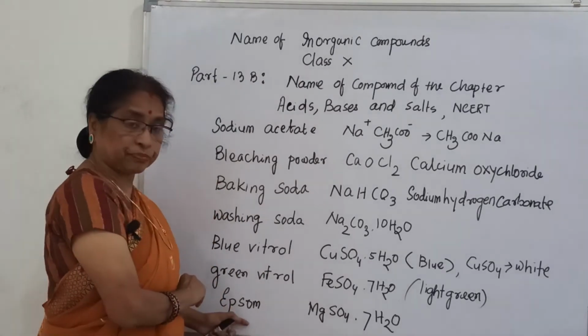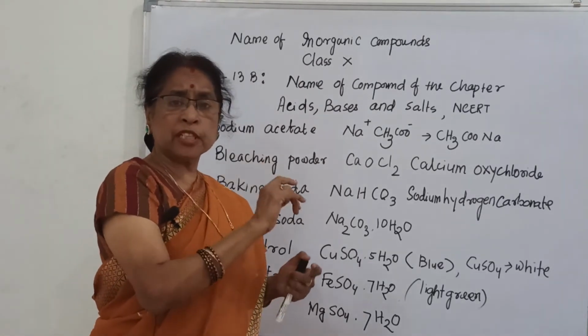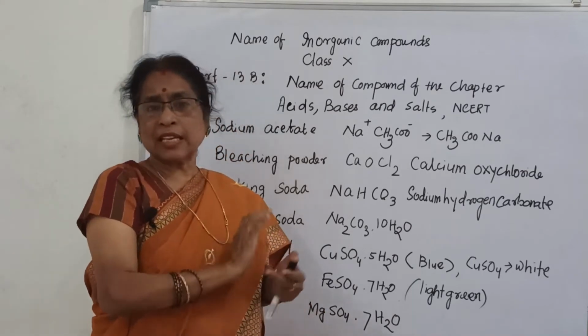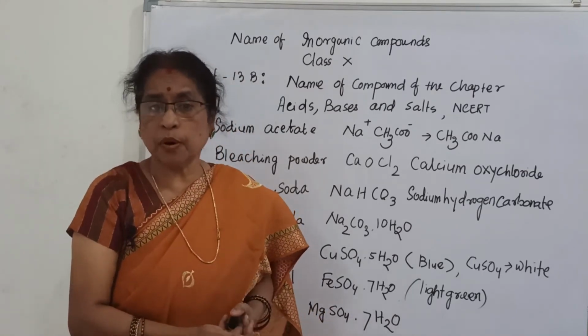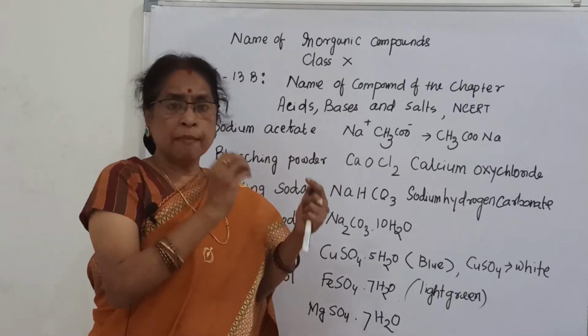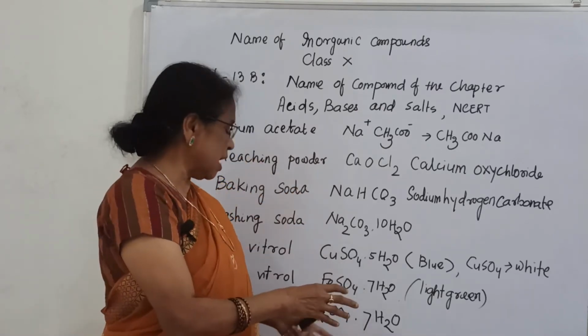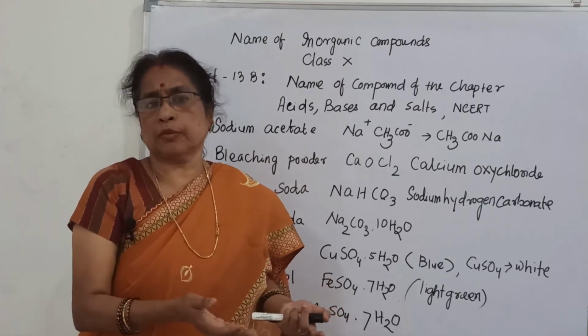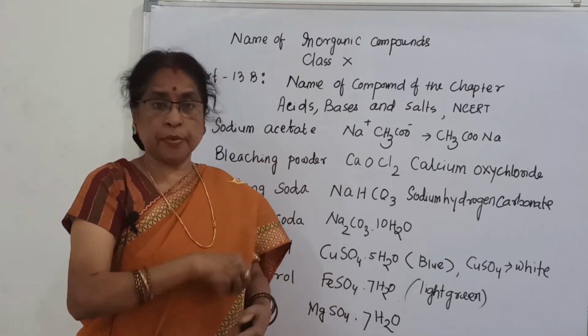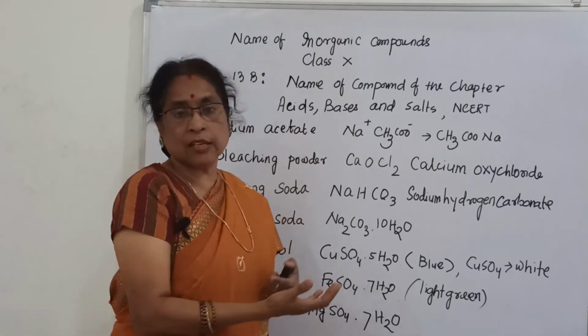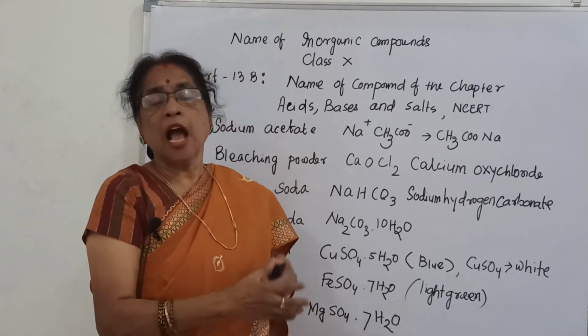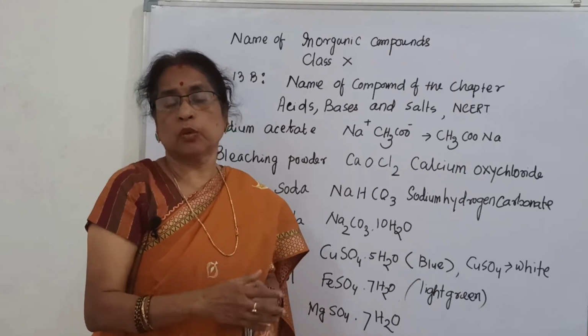And Gypsum means MgSO4·10H2, sorry, 7H2O. What is MgSO4? Magnesium sulfate. If I say magnesium sulfate, there are no 7 molecules of water. But when I say Gypsum salt, generally available in the lab in crystallized form, it is MgSO4 with 7 molecules of water.